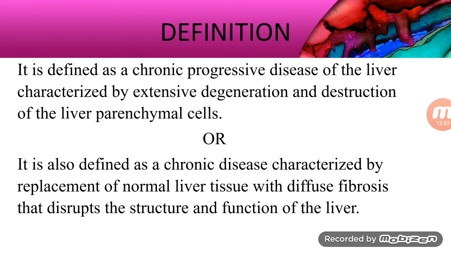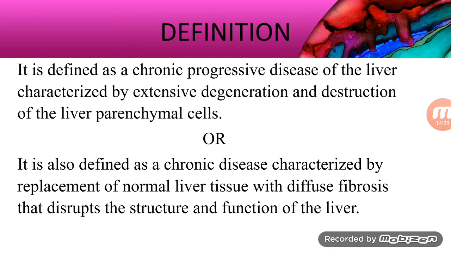As I already said in the introduction, it is a chronic, long term, highly progressive disease, which means it can develop very fast, okay? So it is a long term progressive disease of the liver characterized by extensive, prolonged degeneration, that means damage, and destruction of the liver parenchymal cells.